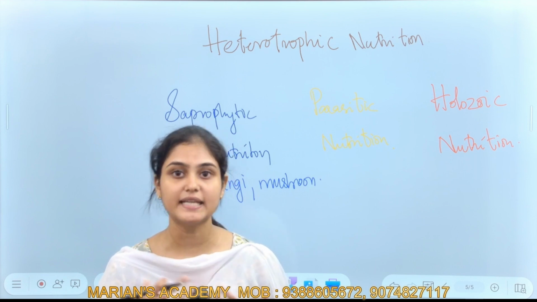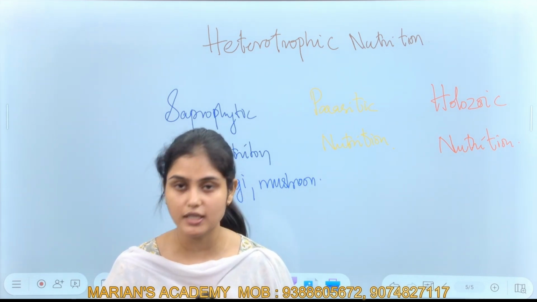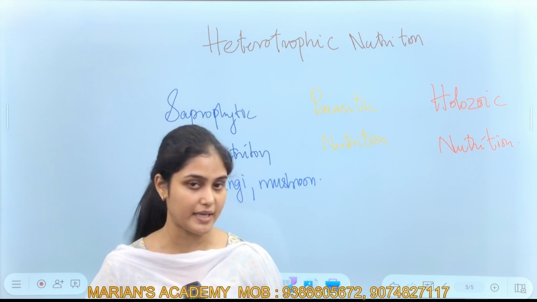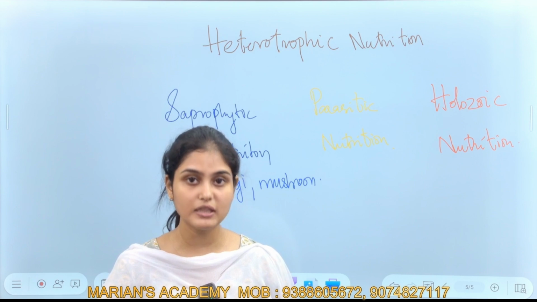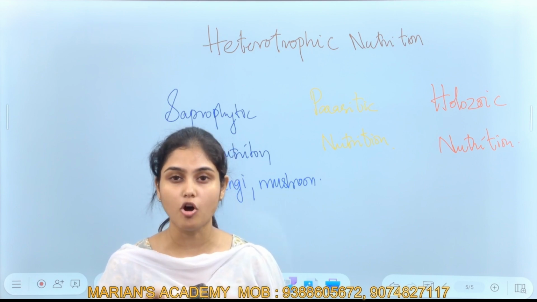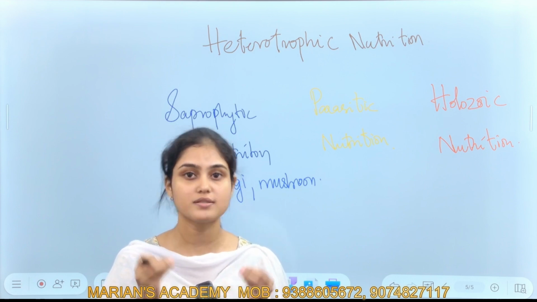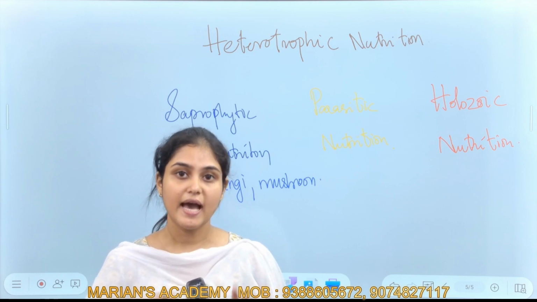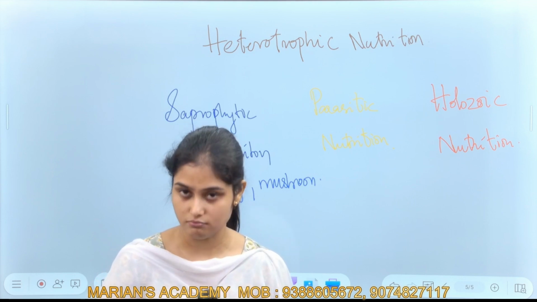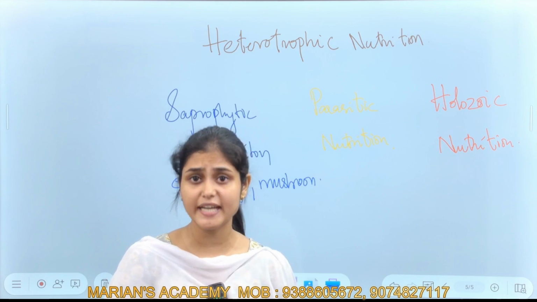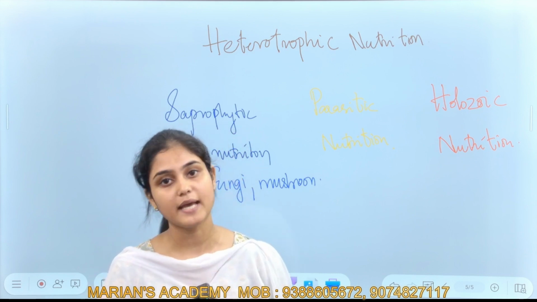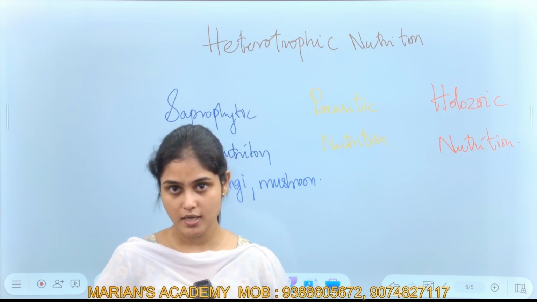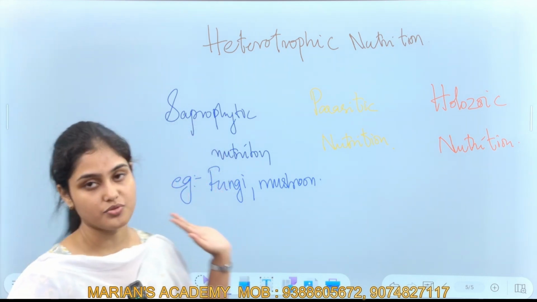Okay, dead and decaying, whether it be leaf litter or dead bodies of animals, they will not absorb as such. First of all, they will digest them into smaller, simpler components using some enzymes. Okay, they will break down these complex molecules into simpler molecules, then they absorb via their body surface. That is how saprophytic nutrition is done.